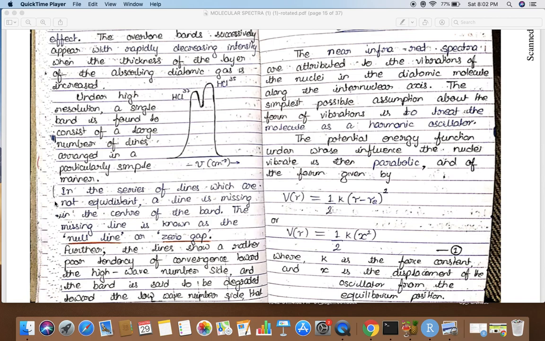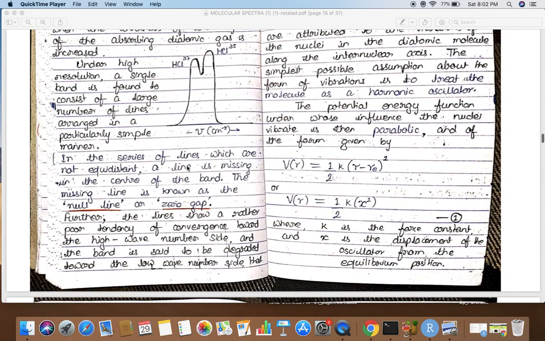Once we have a very high resolution spectrometer, within these bands we have thin, equidistant lines, and these lines are called the fine structure of infrared bands. So this is my band. Within this band we have small lines. So these are called the fine structure of infrared bands.